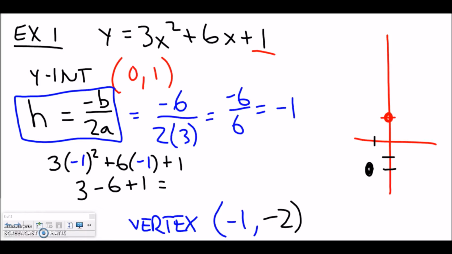Now with my y-intercept and my vertex, we should be able to get that reflective point. We know the y-coordinate of the reflective point would be 1 because it's the same as our y-intercept. And what would the x-coordinate be? We should see that that would be negative 2, comma 1.